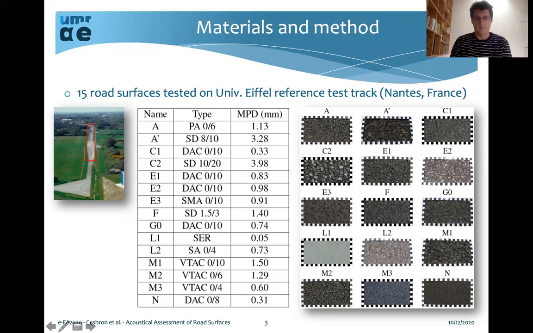So you have different kinds of road surface on the test track. The first, A, is porous asphalt. Then you have 3 surface dressings of different grading, A prime, C1, C2, and F, and then you have different dense asphalt concretes of grading 0/10 with different mean profile depths, which are C1, E1, E2, J0, and you have DAC 08, which is an Isolab road surface.